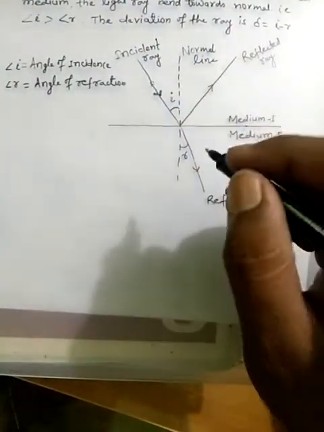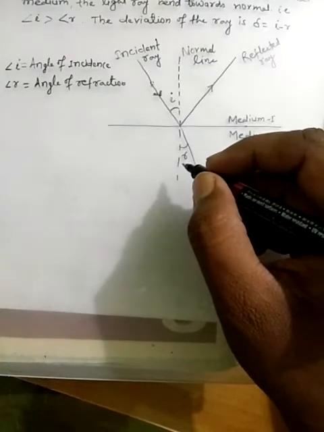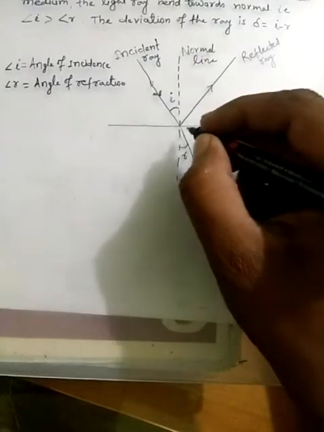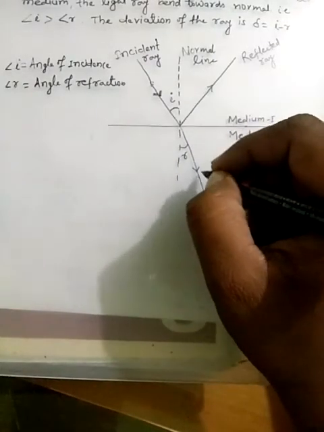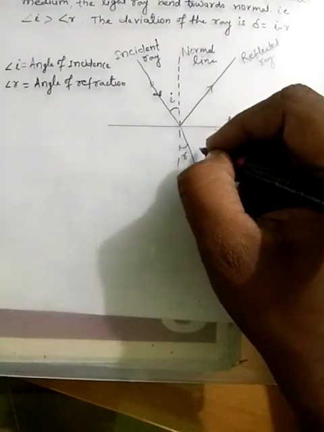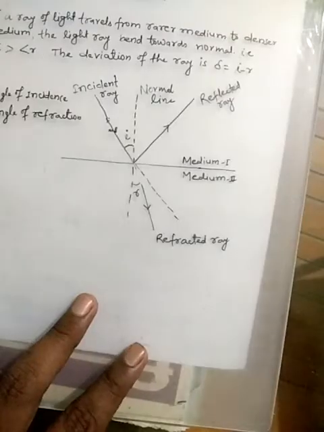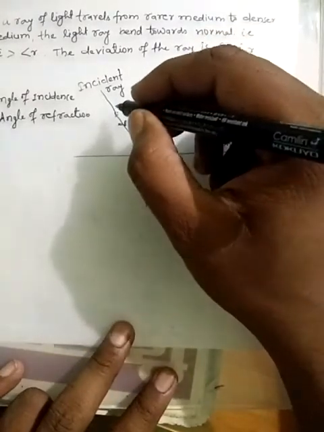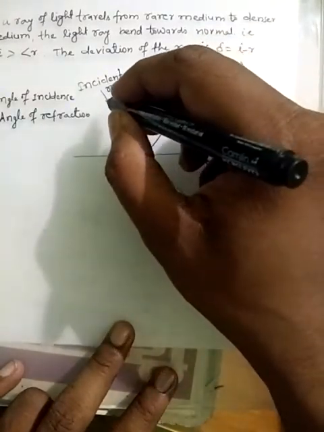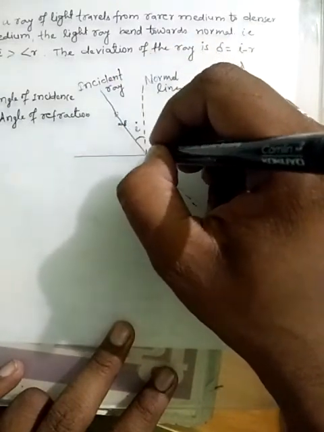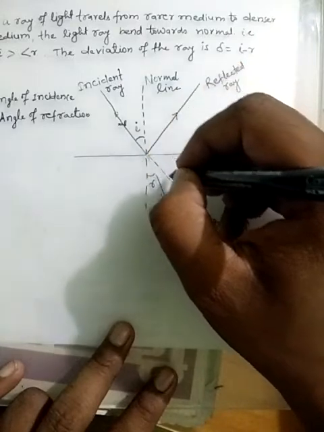Then there is a tendency to deviate from the line of normal. The actual path of the light ray from the incident ray is directed in a straight line.